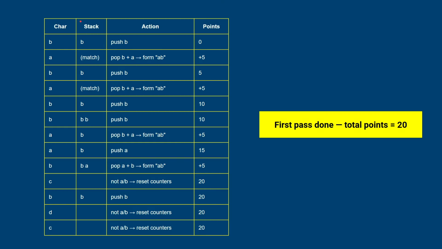If I have some characters in the given string, I'll take a stack. You know that's how a stack works. A stack is a data structure where we do the push operation and add elements into the stack.